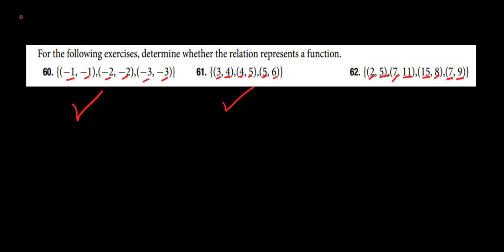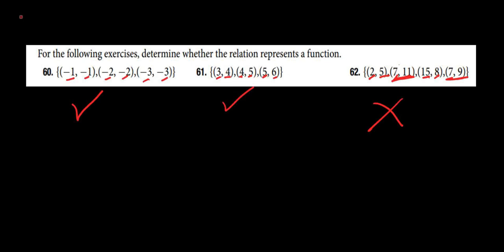So in this question, you discover that 7 appeared twice. 7 in the first case has an output value of 11, and 7 in the second case has an output value of 9. Therefore, this relation is not a function because 7, being an input value, has more than one output value. All right, I hope this makes some sense.